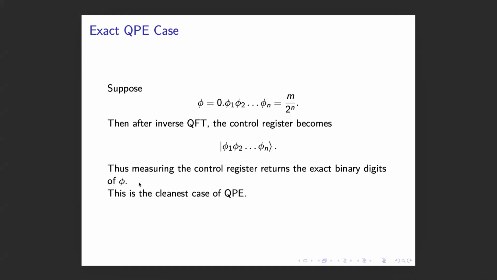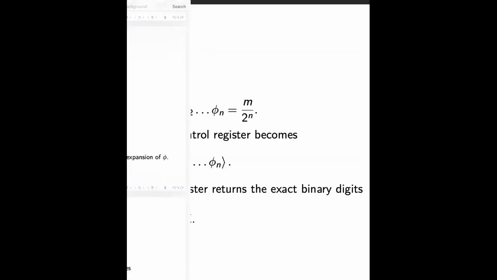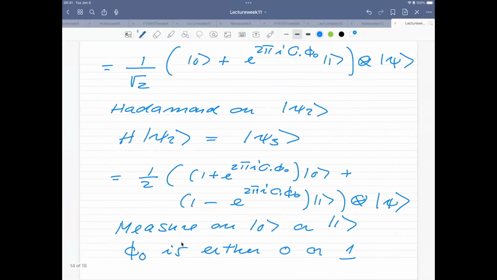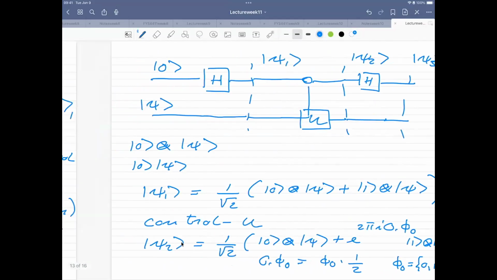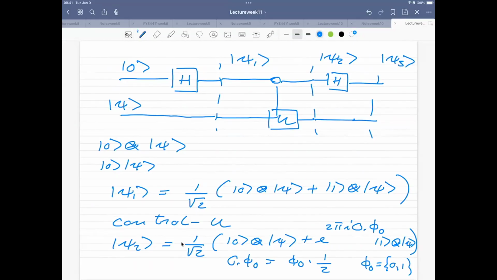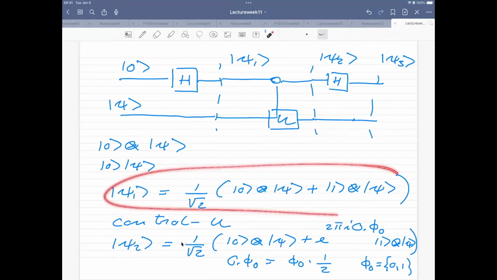So let me quickly go back to what we did with the one qubit case. Sometimes the one qubit case is maybe too simple, but here it actually shows you what is taking place. If you look back at what we did with just one qubit, we set up a Hadamard transformation, and that gave us a new state phi1, which is this one.